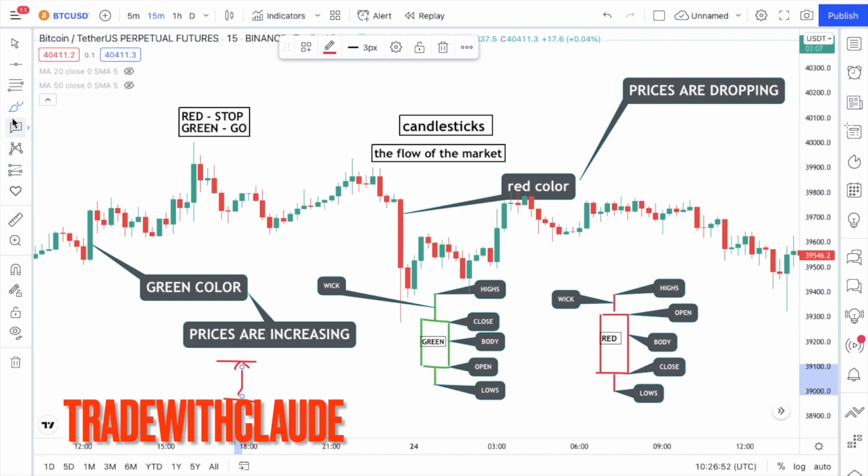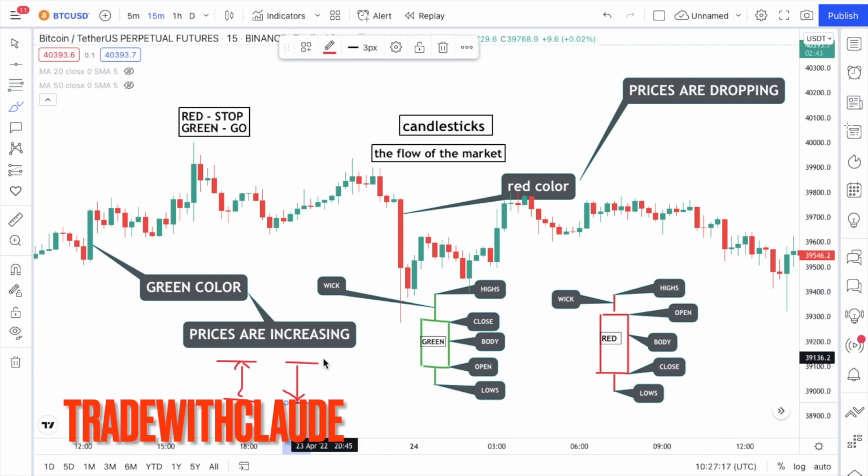Now let's say the price of the market was at this level, then the price came down to this level, and the price closed at this level. What does it mean? It means that the price was at 39114 and closed at 38959.